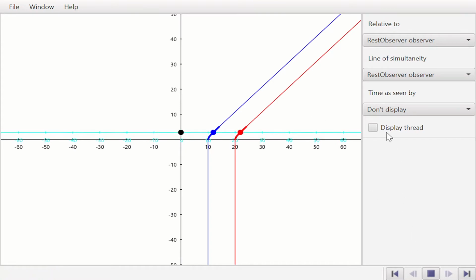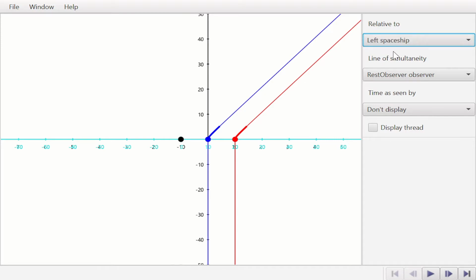So I thought, well, this is a great opportunity to use my program to see if that's true. Let me just stop the animations, go back, and let's look at this relative to the left spaceship. We'll have the left spaceship's line of simultaneity, what it thinks of as happening at the same time.